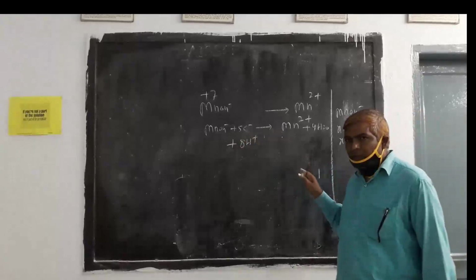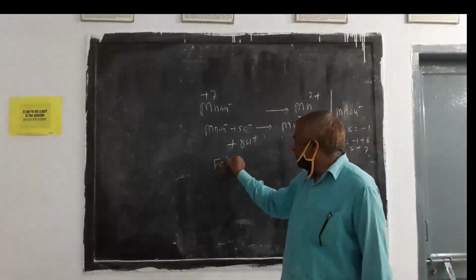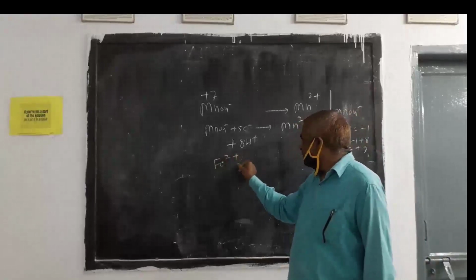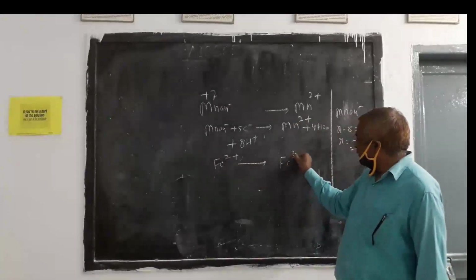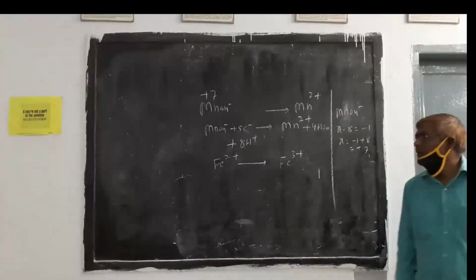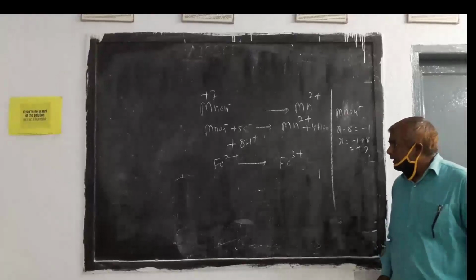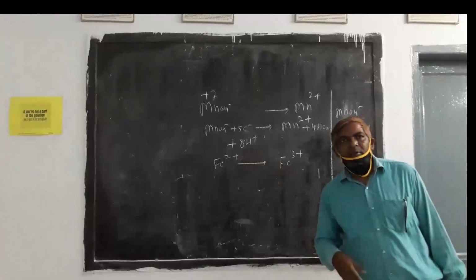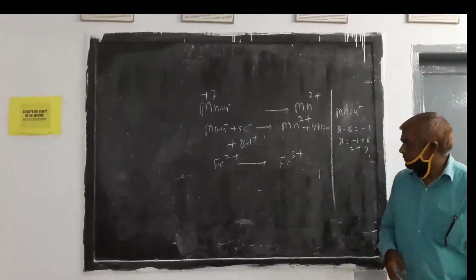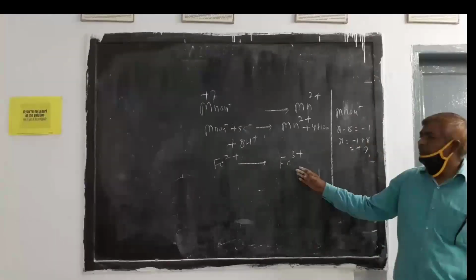MnO4 minus is the oxidizing agent. Now Fe2 plus from Mohr's salt gets oxidized to form Fe3 plus. Mohr's salt contains Fe2 plus ion. After addition of KMnO4 solution to the Mohr's salt, Fe2 plus ion is converted into Fe3 plus ion.